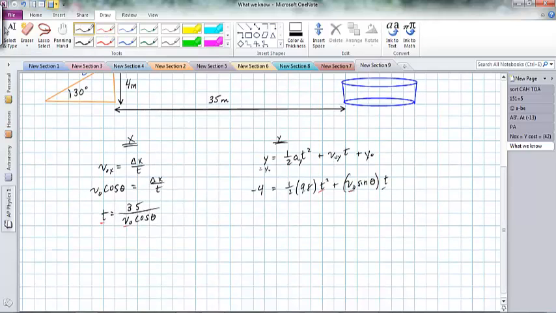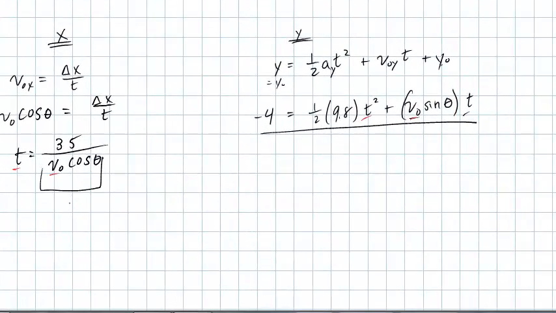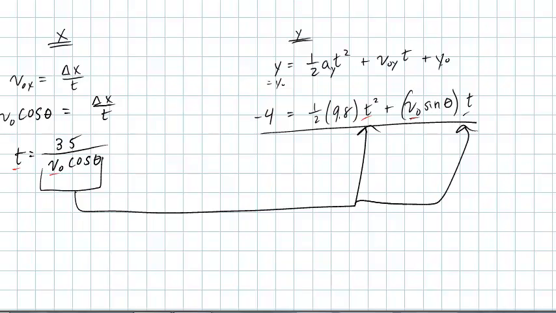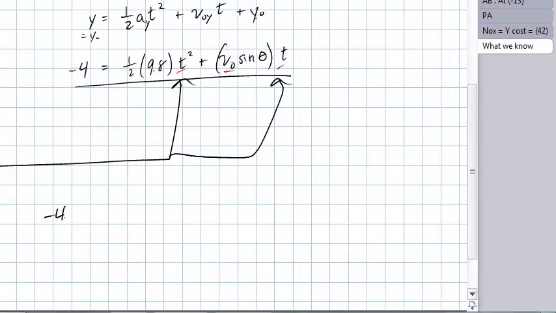A couple different ways to solve this. You could solve each one for t and set them equal to each other, but because this one is a quadratic, I think that's not the easier choice. So instead, I'm going to substitute. I'm going to take this and plug it in for time in both of these places. That'll eliminate time as a variable and allow me to solve.